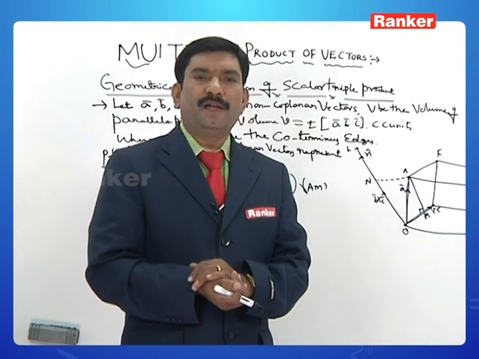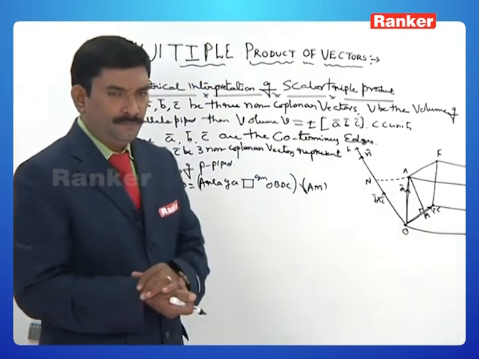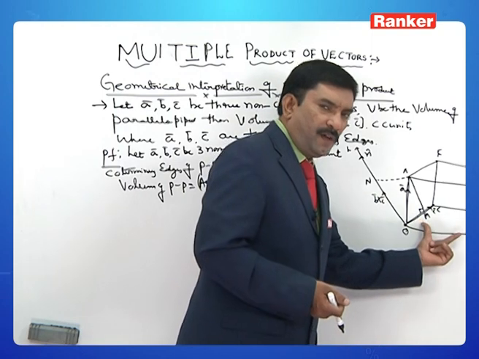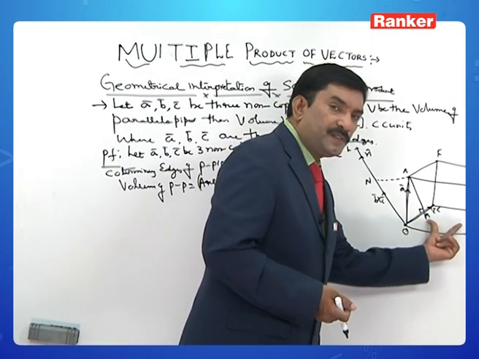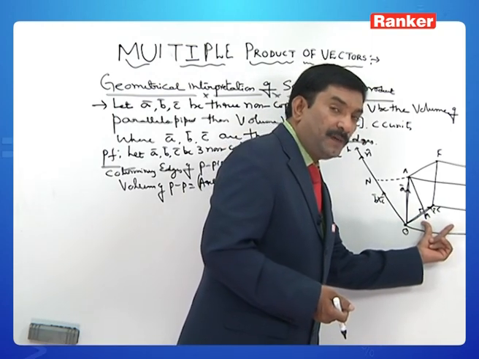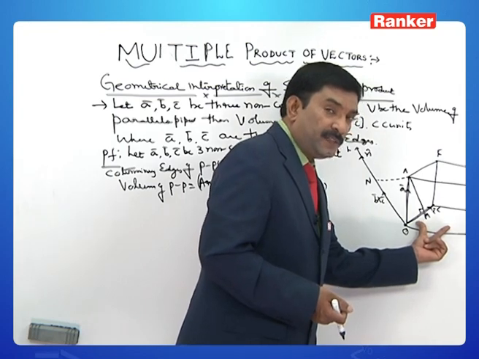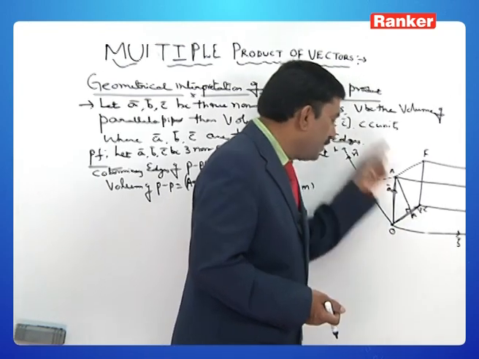AM represents the height. The volume of a parallelepiped is equal to the area of this face, the face is nothing but a plane, area of a parallelogram into height AM.